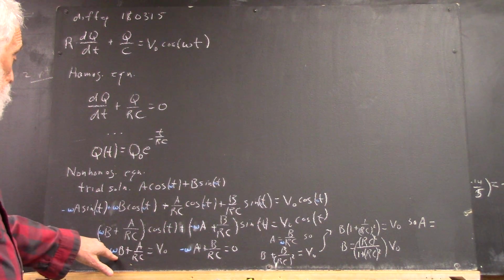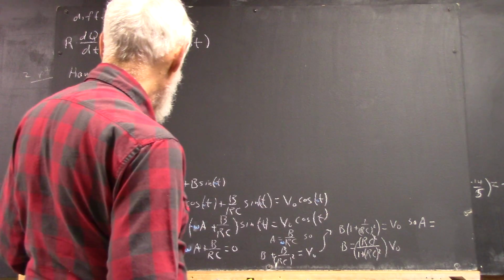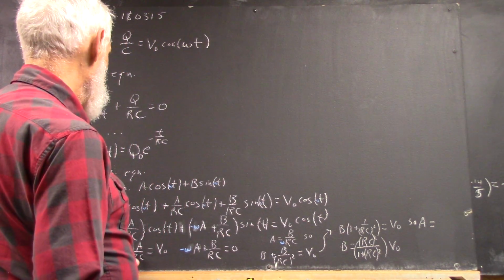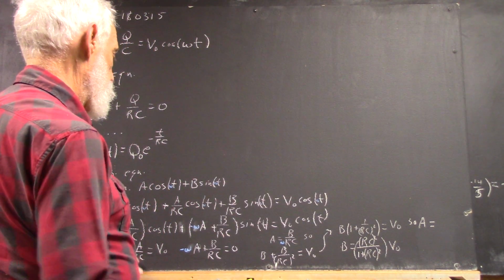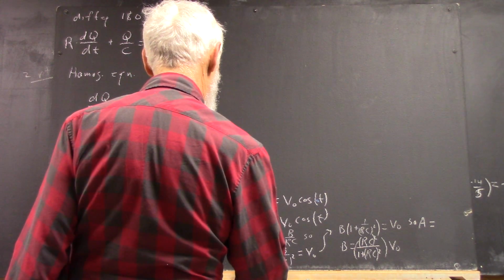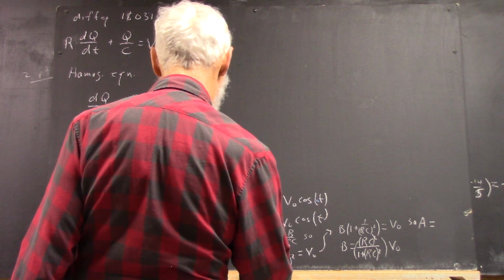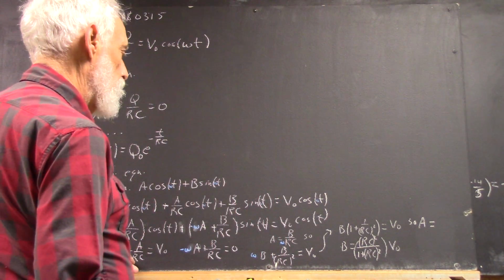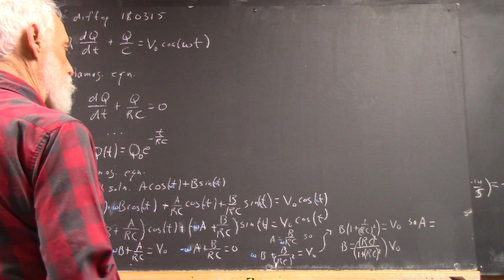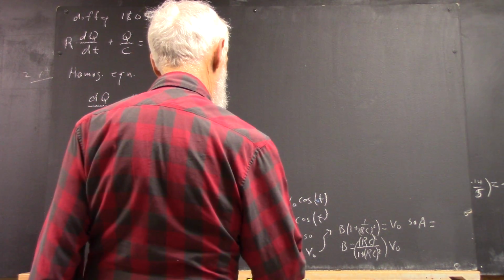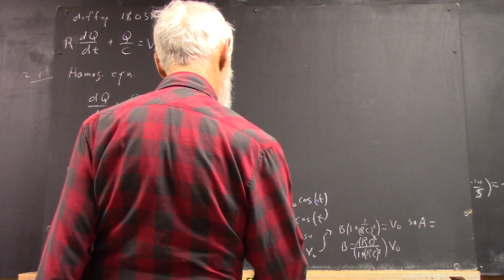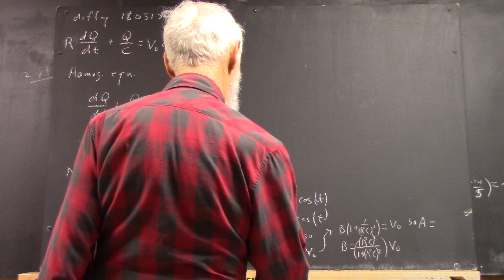So I've got omega B here plus A over RC. So that would become omega B plus A over RC. This would be B over, so shouldn't omega RC be squared again?